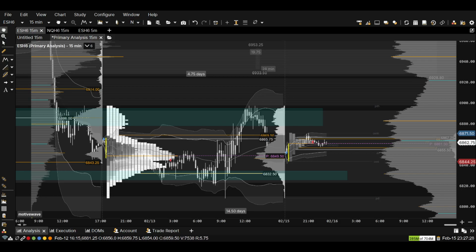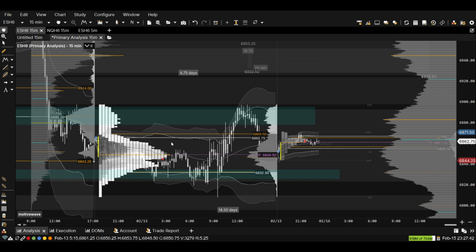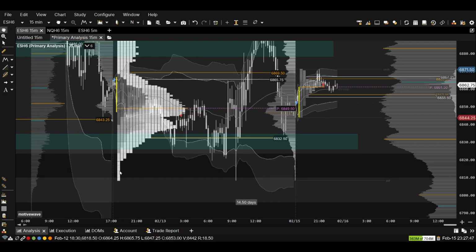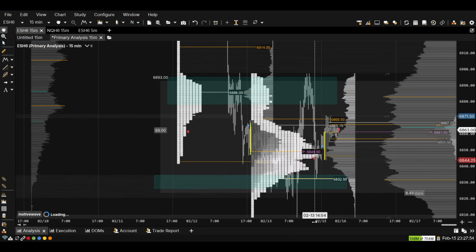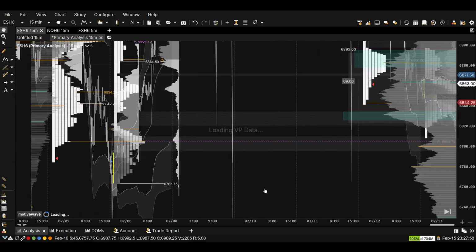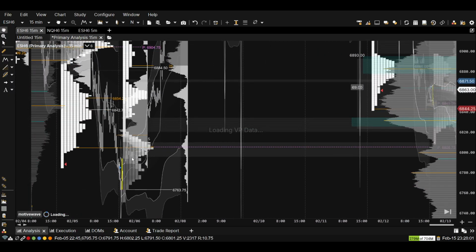Because on the last day of the week we had a D shape profile in the time price opportunity, in the TPO chart. We had something here that is an excess low, in an important level, a previous important level. What level? Here, see?